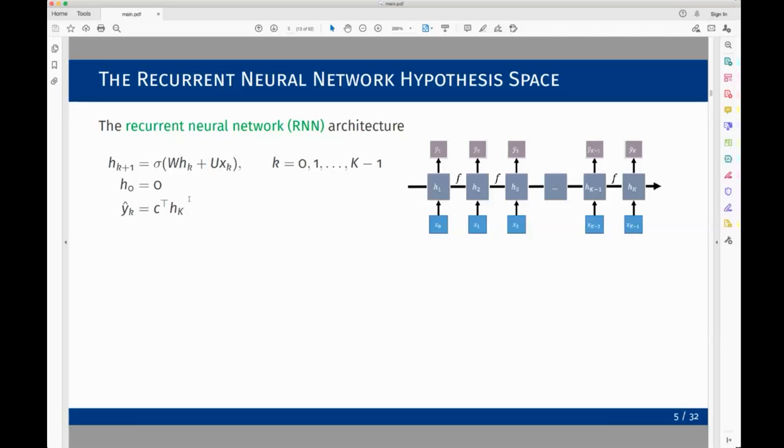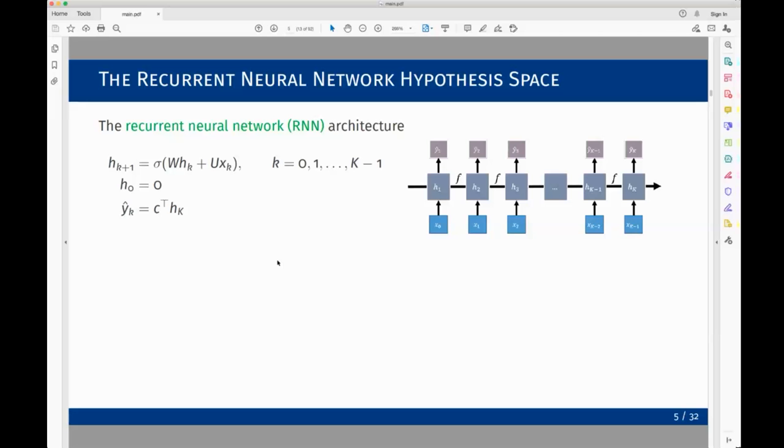This gives us the recurrent neural network in the simplest case, based on one hidden layer and one output layer. Of course, following the spirit of deep learning, you can construct more operations for the dynamics of the hidden state and more operations for the output layer, but this is the main idea of the recurrent neural network.